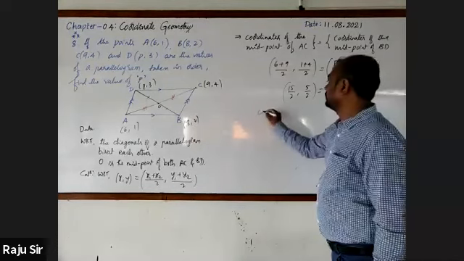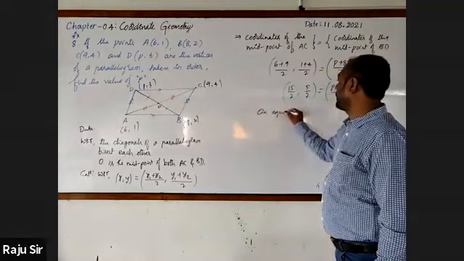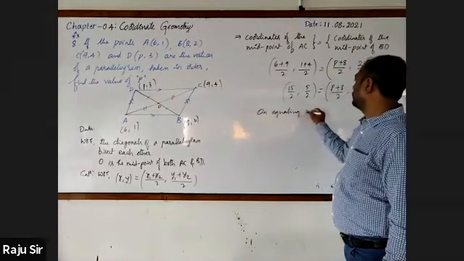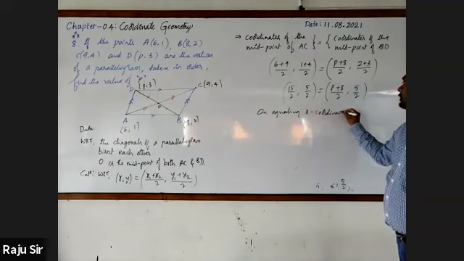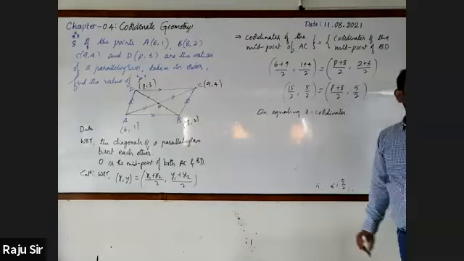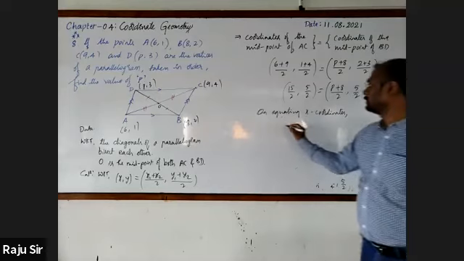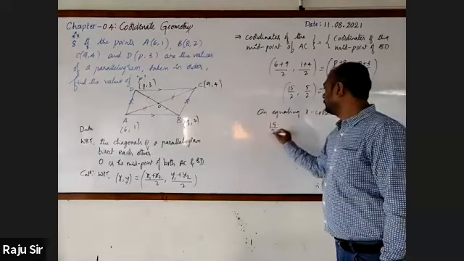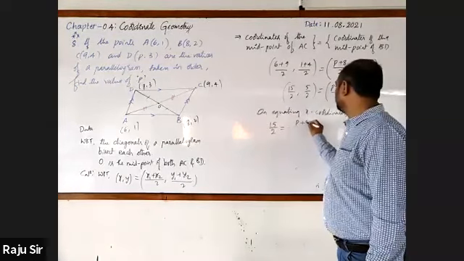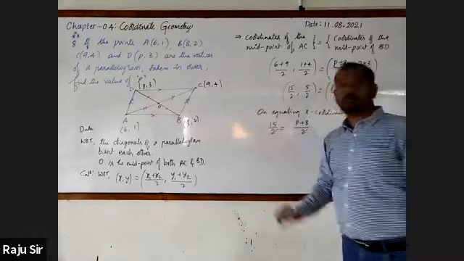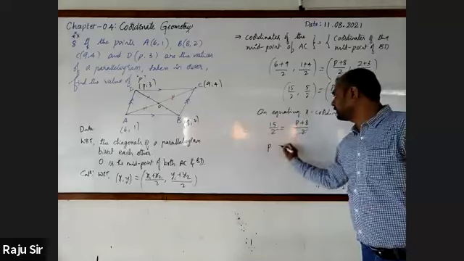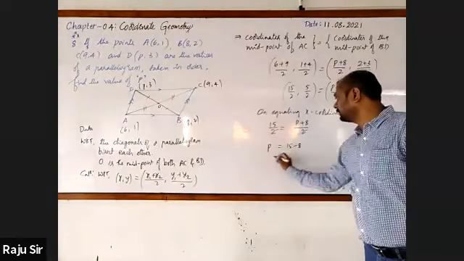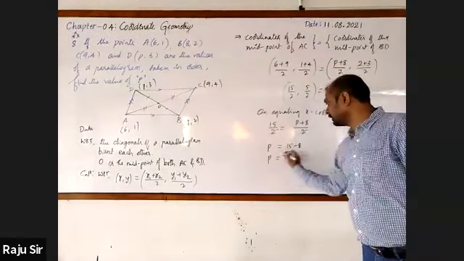Let us write: on equating x coordinates, 15 by 2 is equal to P plus 8 by 2. 2 gets cancelled. Then P is equal to 15 minus 8, which is 7.